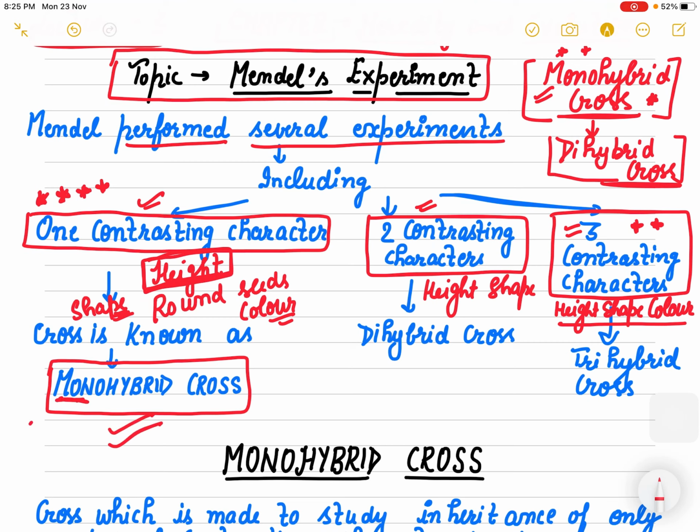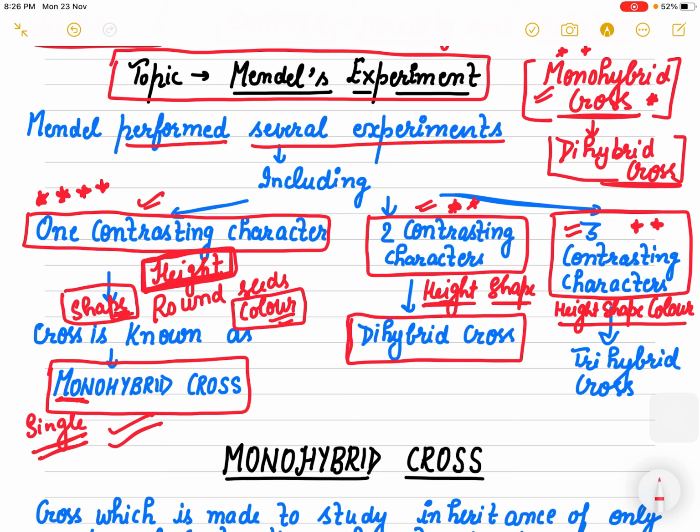Mono means when you are taking only a single character into consideration, either only height, or only the shape of the seeds, or the color of the seeds. Then when Mendel studied two contrasting characters, suppose he took height and shape together, that was explained by a technique known as dihybrid cross.